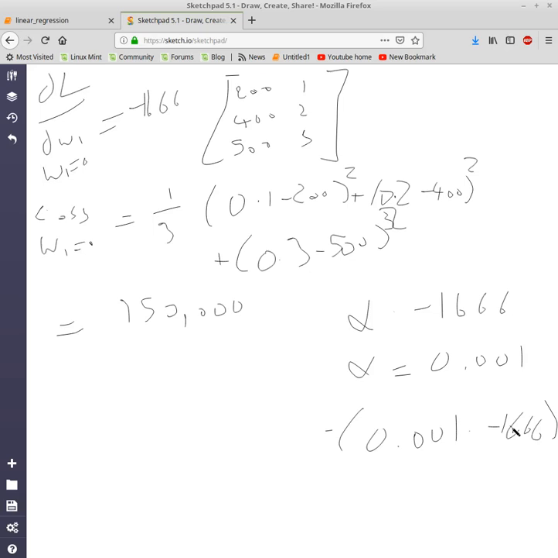Generally, the equation we're going to use to update is W1 equals W1 minus alpha times dL/dW1.